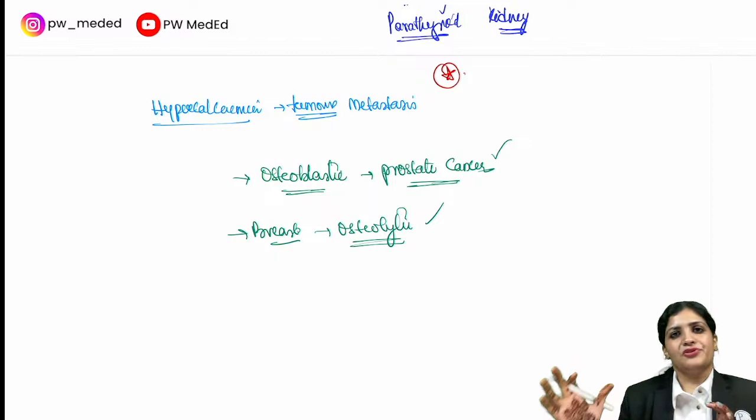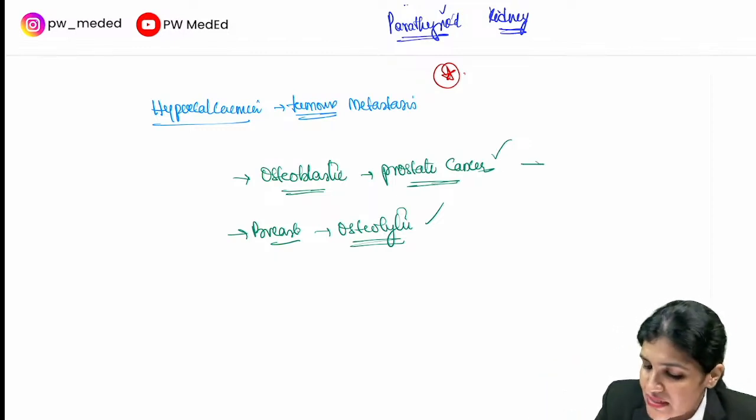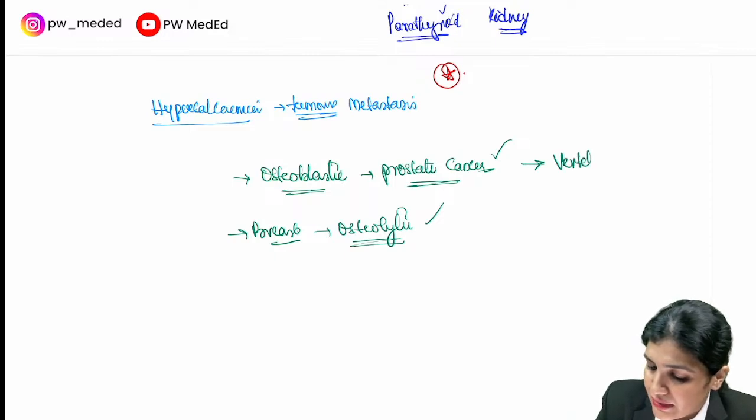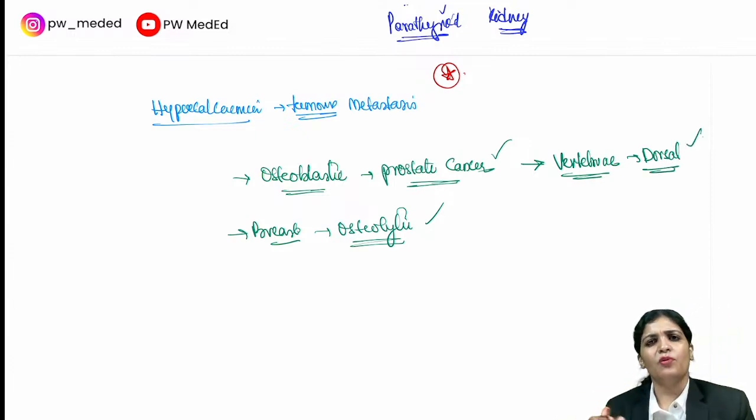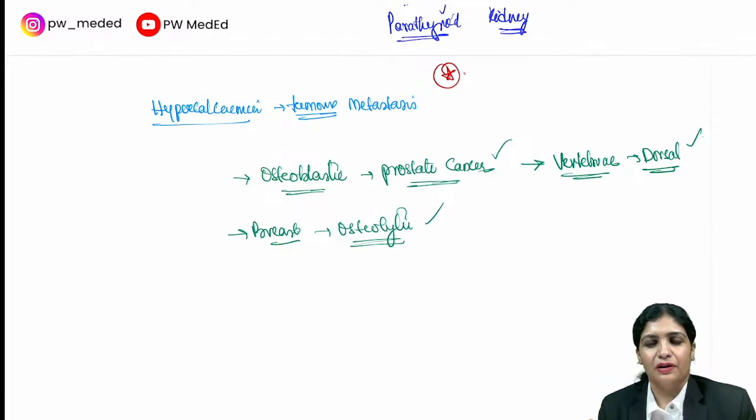So that is how your prostate cancer is related to orthopedics, where you have your osteoblastic deposits, and these deposits are typically seen in the vertebrae and mainly the dorsal vertebrae. The most important condition of orthopedics is metastasis, right? Secondaries are the most important and most common one.